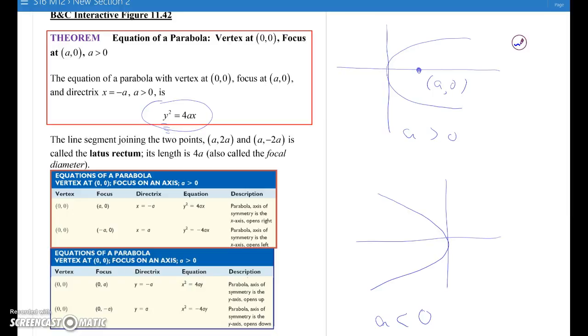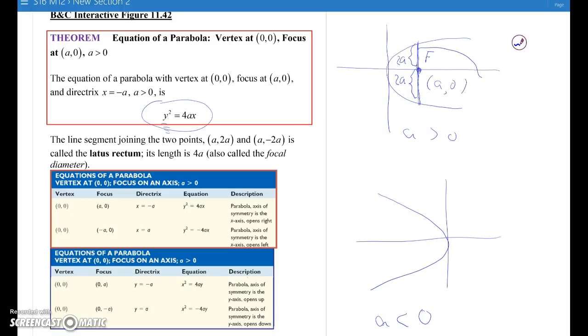So another important feature about these geometrically defined parabolas is called the focal diameter. And so if you start at the focus point and you say, how wide is this parabola? Well, it's 2a to one side and 2a to the other side.